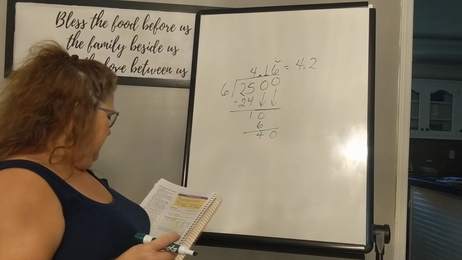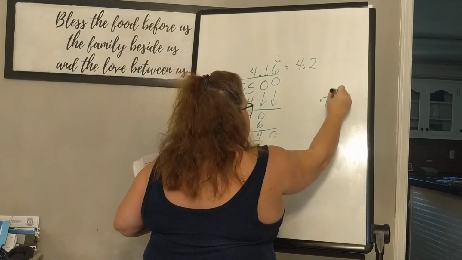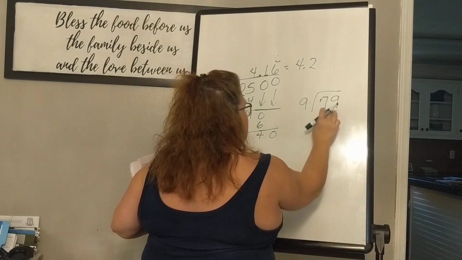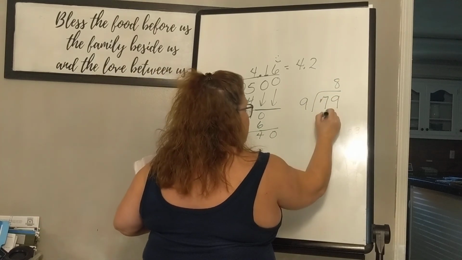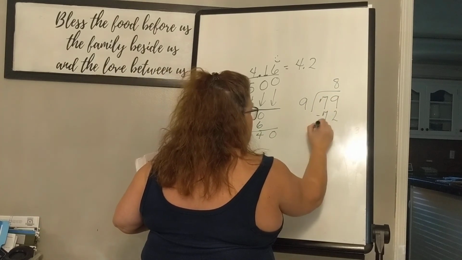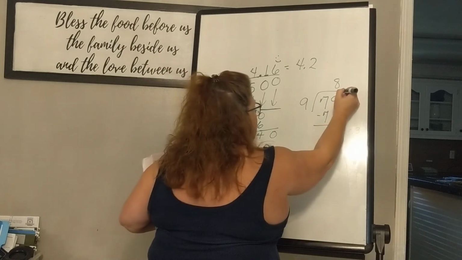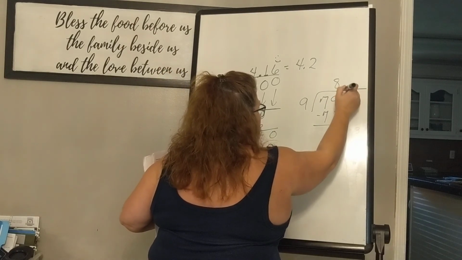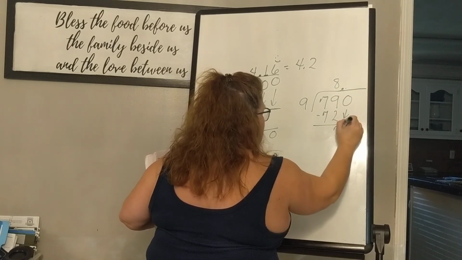Letter B, 79 divided by 9. How many times will 9 go into 79? Well, 9 times 8 is 72. 9 minus 2 is 7. 7 is smaller than our divisor. So we are going to annex our decimal point, annex a 0, and bring it down.